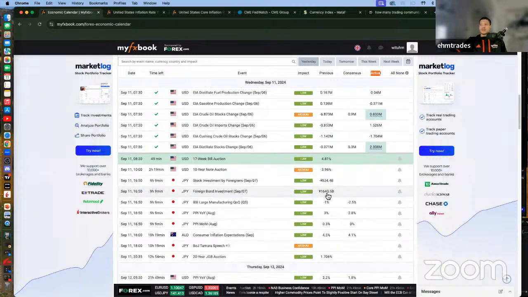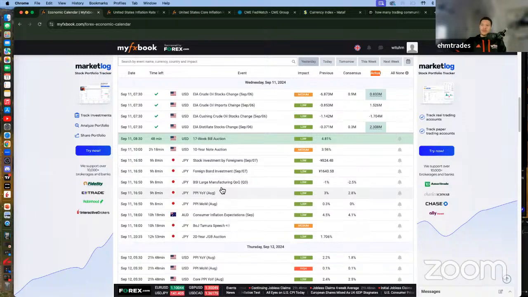And even stuff like foreign bond investment, for USDJPY, what would we want from these? We would want these to move bullish. That's what I'm analyzing there.